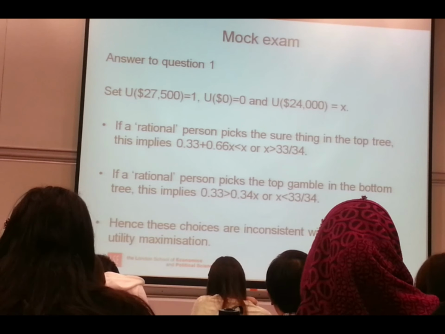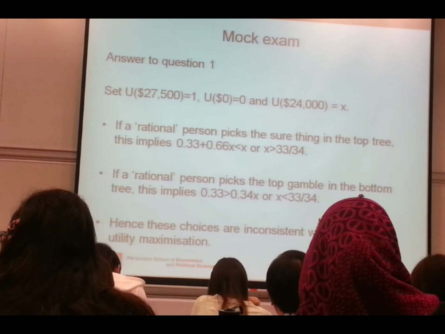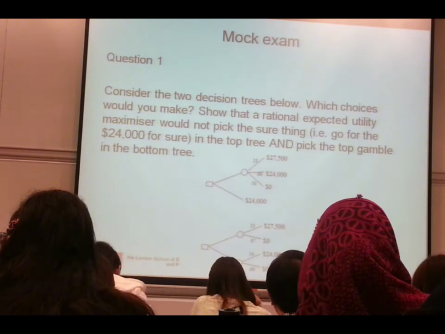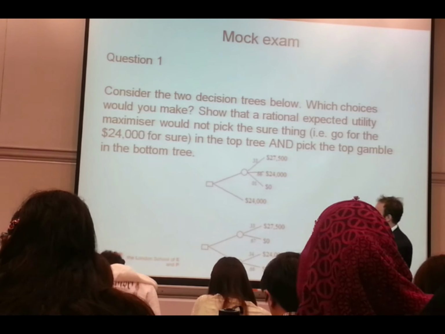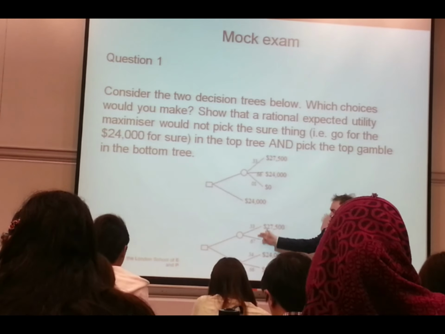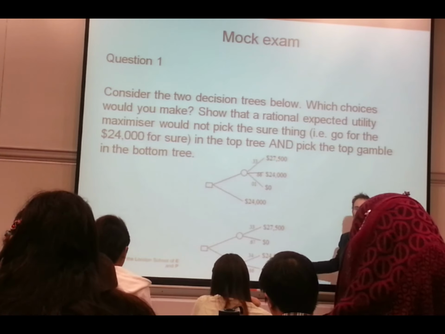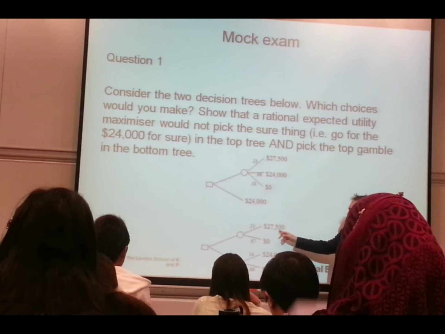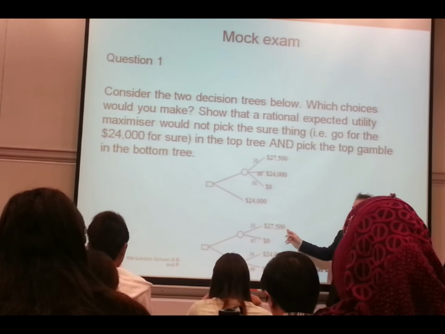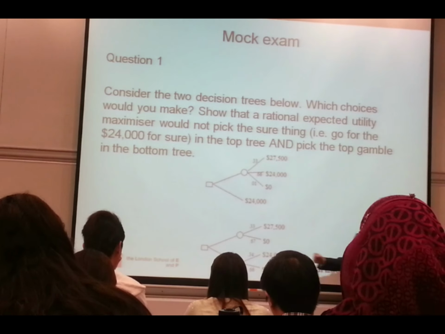Now let's see what utility a rational person who would take the top gamble in the bottom tree would have to have. So if you take this over that, the expected utility of this outcome has to be bigger than the expected utility of that outcome. Now here, you get 0.33 times 1 must be bigger than 0.34 times x.